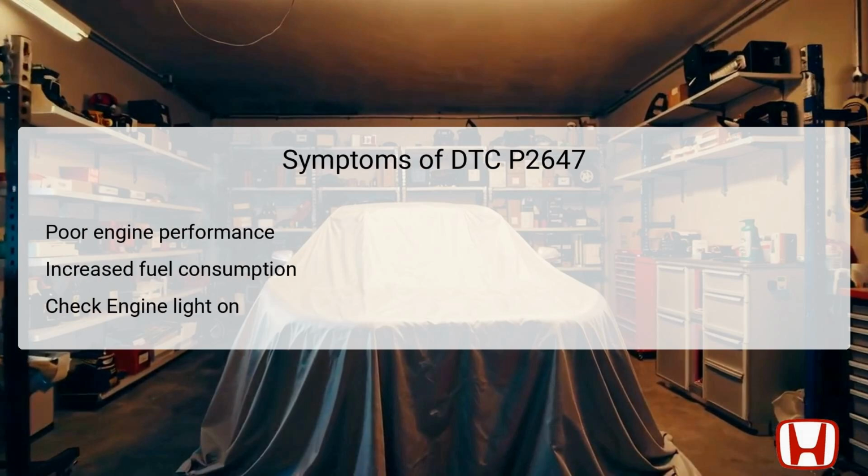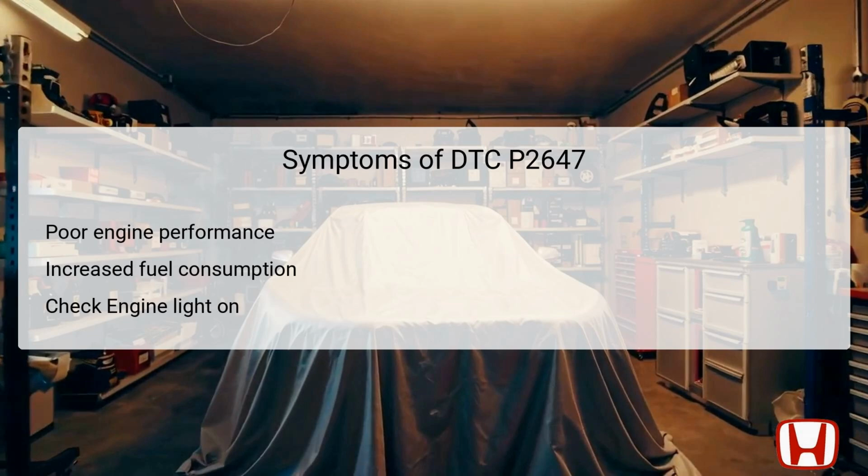When dealing with DTC P2647, several symptoms may manifest, reflecting the underlying issue with the oil pressure switch. One common symptom is poor engine performance, which may be noticeable during acceleration or at lower RPMs, where optimal valve timing is critical. Additionally, drivers may experience increased fuel consumption due to the engine not operating efficiently.